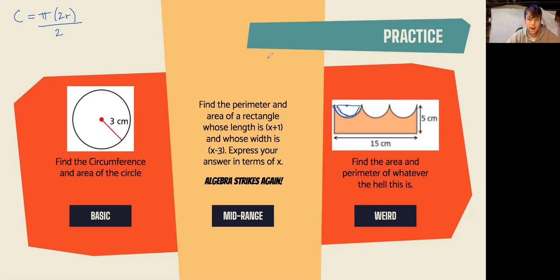If I modify this formula, I can think of the circumference of this half circle as just being pi times r. So I'll plug that in. We know from previously that r in this case is 2.5 centimeters. So we're getting pi times 2.5 centimeters.